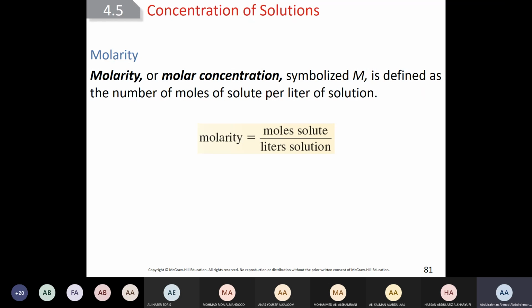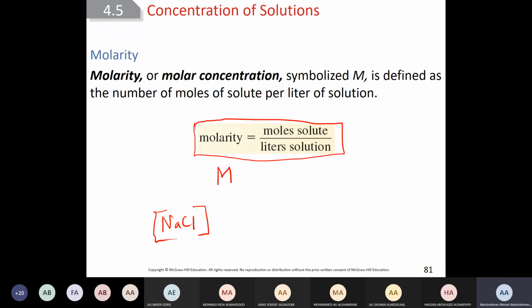Now, this is the molarity. You have to keep this in your mind, and we're going to solve problems right away. We usually represent molarity by what letter? Capital M. Also, if we want to write the concentration of NaCl in solution, if we put it in parentheses, this means the molarity of NaCl.